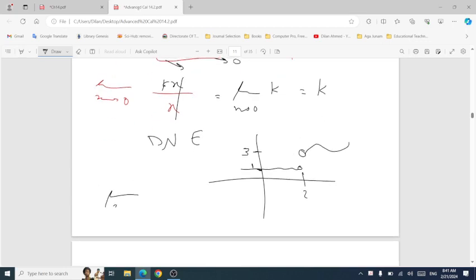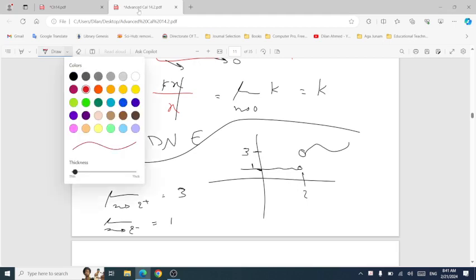I say the limit approaches 2 from the left side and the right side. What will I get?